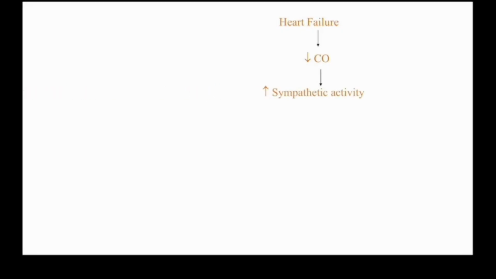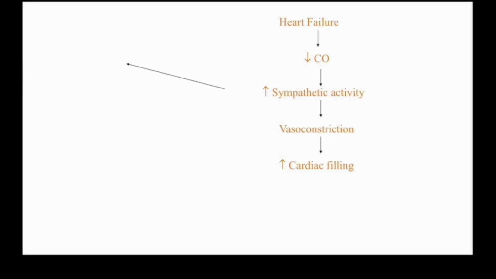So the sympathetic nervous system is activated, there is increased sympathetic activity that will lead on to vasoconstriction, and this vasoconstriction improves the cardiac filling in the initial phase. But again remember that the sympathetic nervous system activation will lead on to increased secretion of renin, which will convert angiotensinogen to angiotensin 1, which is acted upon by angiotensin converting enzyme, or ACE, to form angiotensin 2, which is a potent vasoconstrictor again.